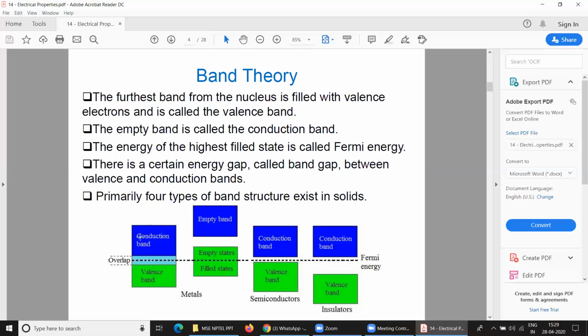This is the conduction band, this is the valence band, this is again an empty band, and empty states, filled states, and you can see the overlap here.